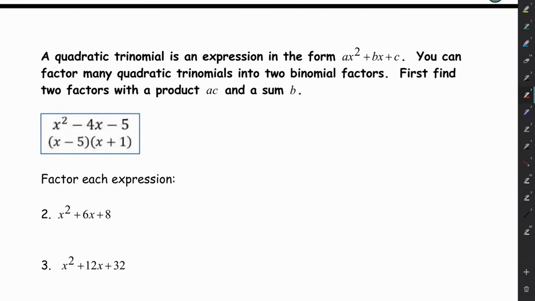A quadratic trinomial is an expression in the form ax squared plus bx plus c. That's standard form of a quadratic. And you can factor many quadratic trinomials into two binomial factors by finding the product AC that has a sum of B. So looking at this example here, we want two numbers that multiply to negative 5 but add to negative 4.